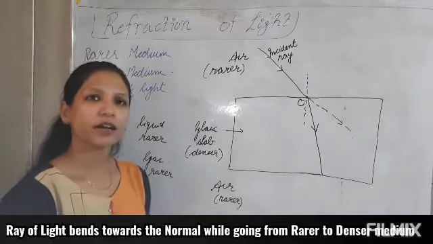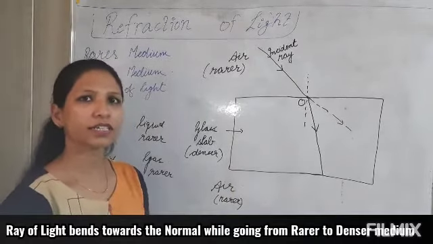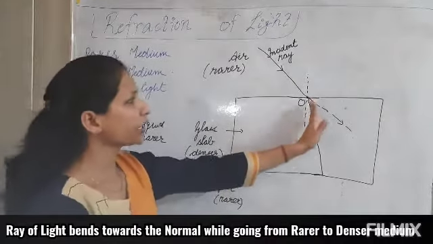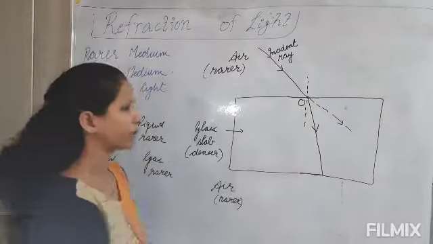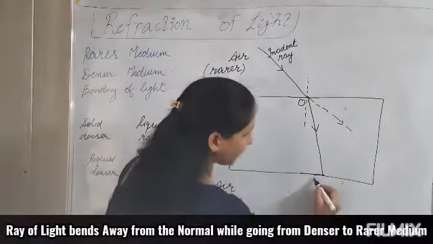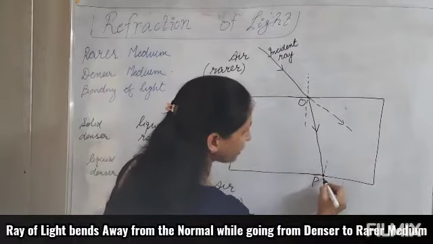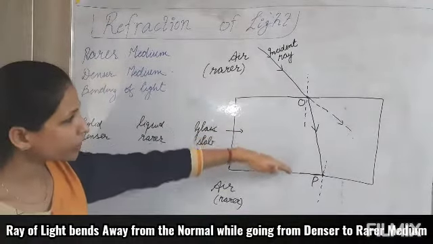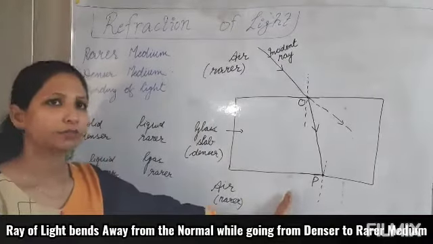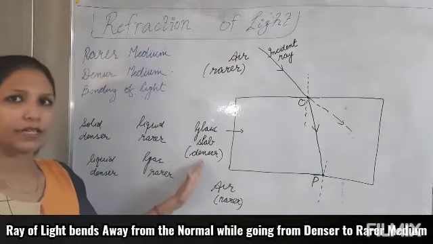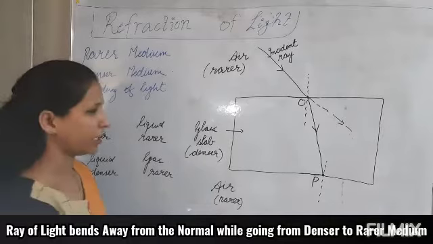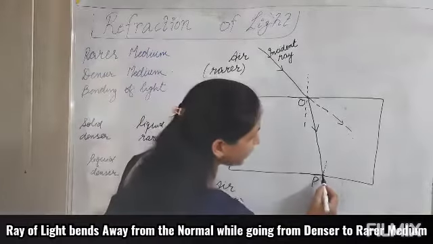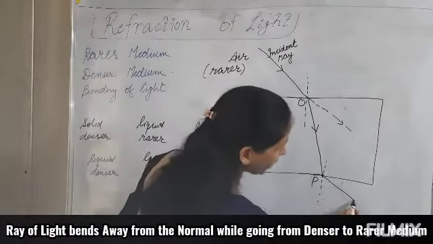We all know a ray of light always moves in a straight line, but due to medium change, it has bent towards normal. Now at this point P, it is again facing a medium change. How? It is going out of the glass slab into the air. So it is going from denser to rarer medium. In this case, the ray of light will bend away from the normal.